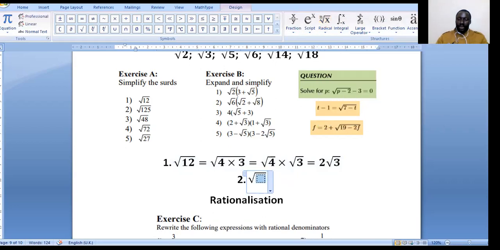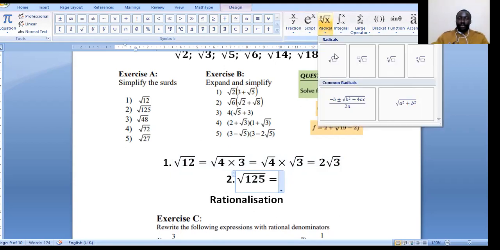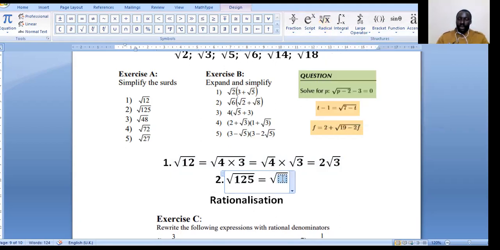So we are looking at the square root of 125. Now notice that 125 can be written as 5 times 25. So we can write this as 5 times 25. 5 is not a perfect square, but 25 is. 25 is a perfect square of what?